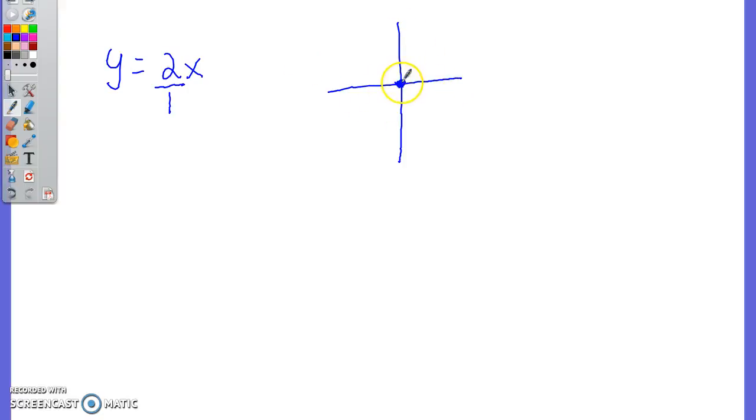So from this point, I do what it says. I go up 2 and to the right 1. The equivalent fraction of 2 over 1 using negatives would be negative 2 over negative 1. So you can also do down 2 and to the left 1, and they'll still be lined up.